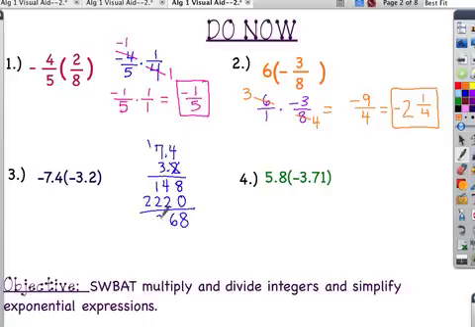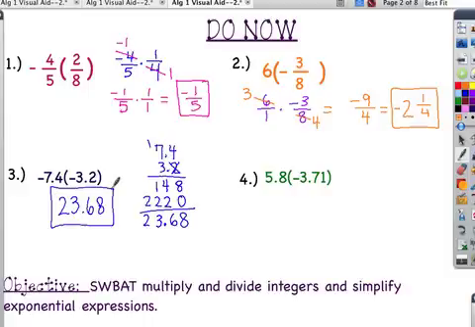Add these up. And now ask myself how many total digits come after the decimal points in the question. Since there are 2 in the question total, then I have 2 in my answer total behind the decimal point. So my final answer is 23.68.